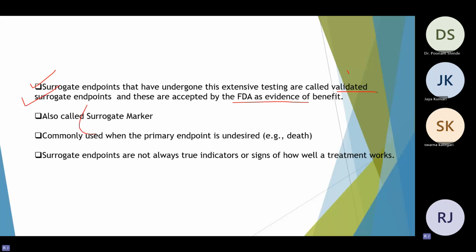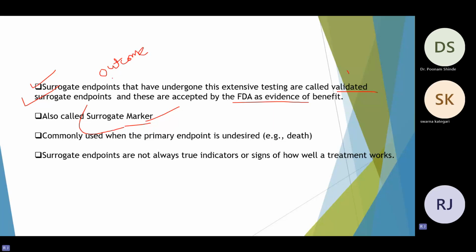Surrogate endpoints are also called surrogate markers. Okay, one more thing, in a few places, instead of endpoint they will use the words outcome measure. Outcome measure, always remember this.